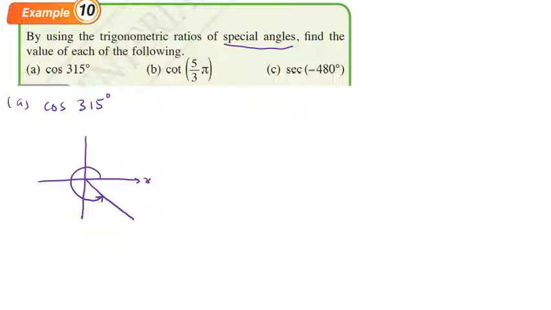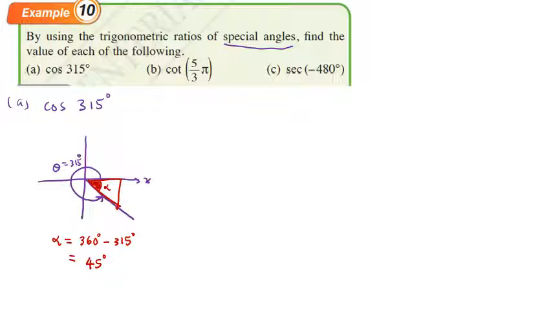So this is a reflex angle, 315. We need to find the acute angle. We can build it from a right angle triangle like this. The small angle here is the reference angle alpha. Alpha we get from the formula 360 minus theta, which is 315. So you will get 45.